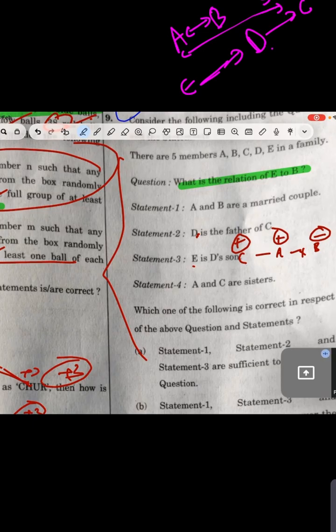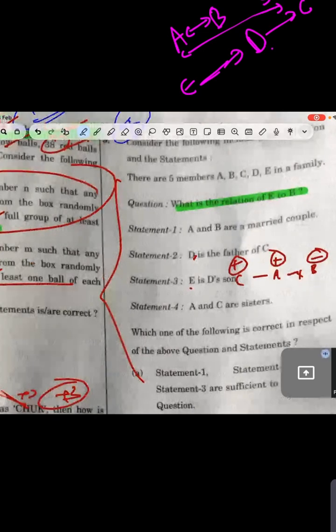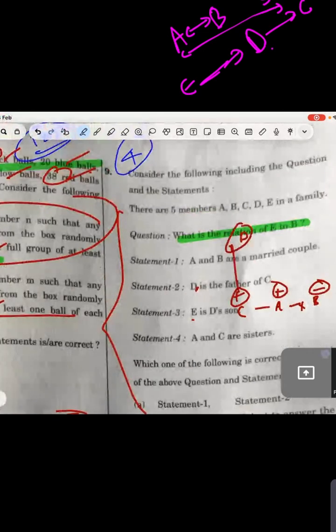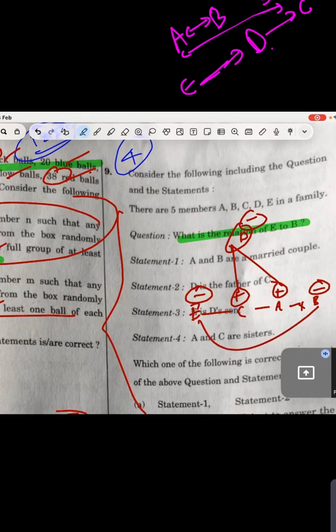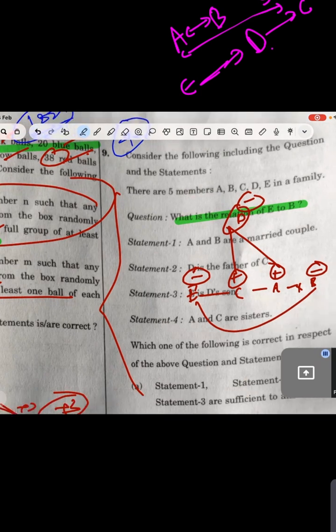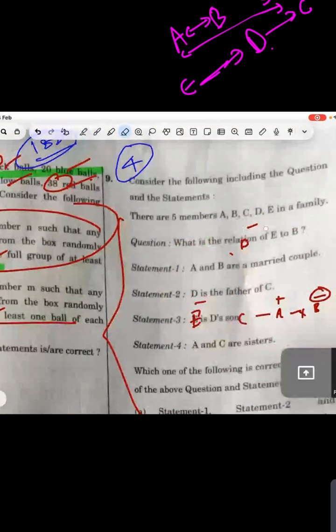D is the father of C, so that is also father of C. And E is D's son. E is D's son, which means they are brothers actually. Now the question is saying the relation between E and B. Yes, brother-in-law. So we need all the statements.